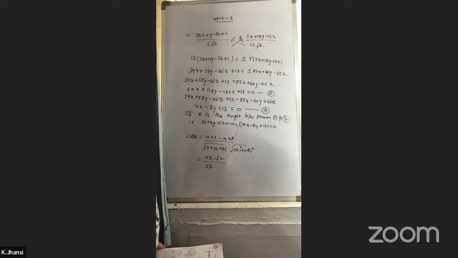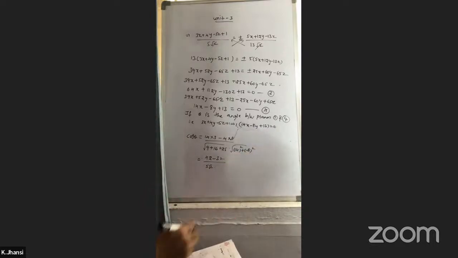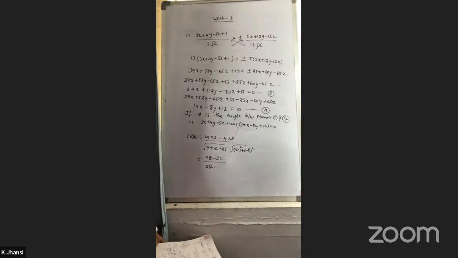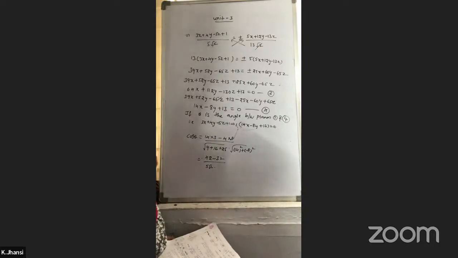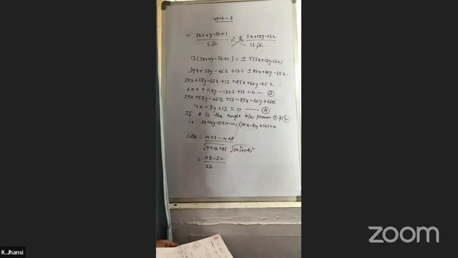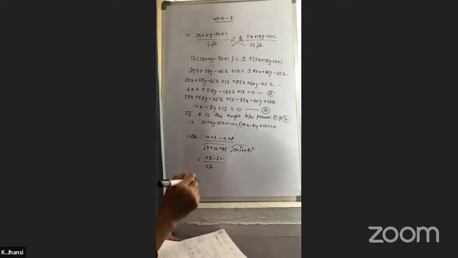By this is 5 root 2, just now we have done, no? And 14 square plus 8 square. 8 square is 64. So if you add both of them, you'll get root of 260. Fourteen square means you will get 196. So 196 plus 64 means it is 260.